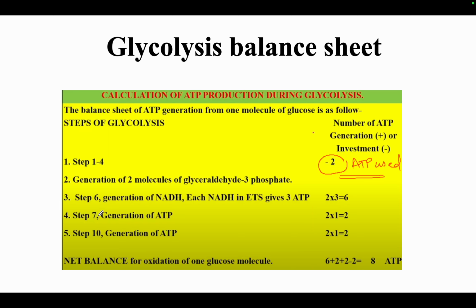Then in step 6, we get 2 NADH plus, and each NADH will give us 3 ATPs, so total 6 ATPs, and we have two ATP generation steps. So the total balance ATPs will be 8, after correcting for these two used ATPs.